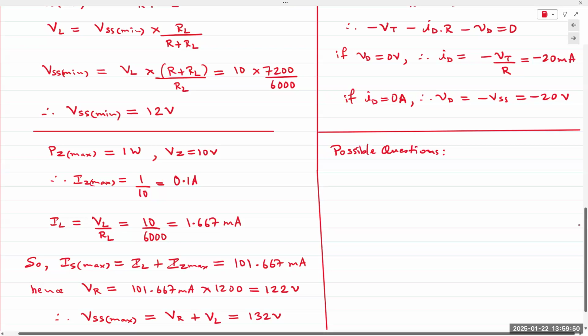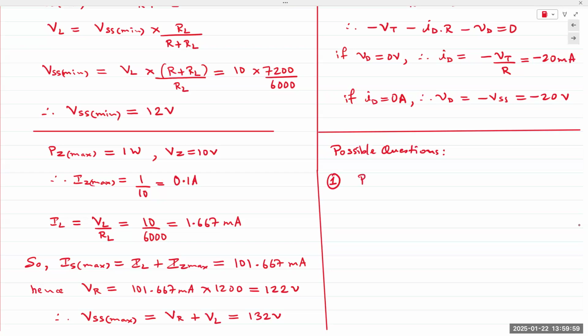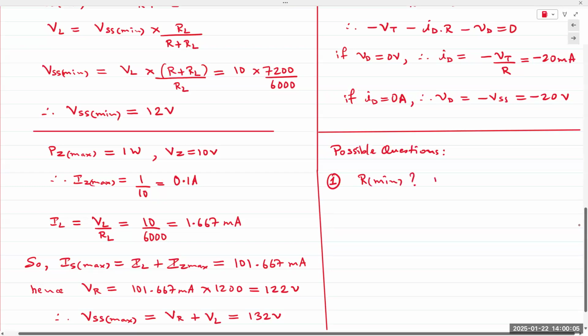Possible questions here is a design problem where supply voltage could be given and you'd be asked to find RS minimum or R minimum and R maximum.